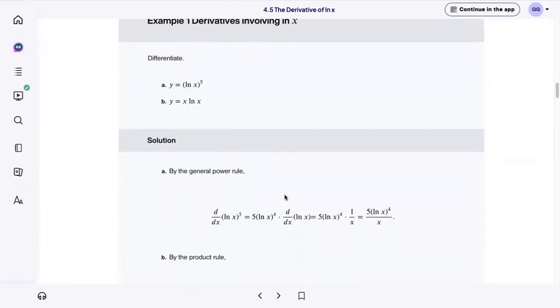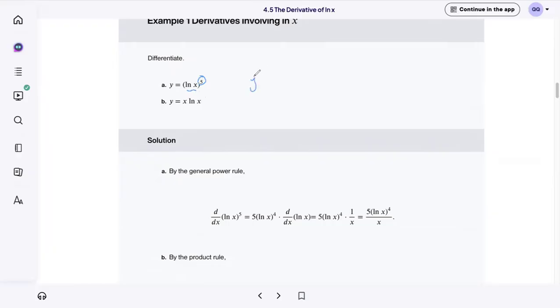Now let's differentiate those ones. We have 2 layers, right? The first layer is something with the input raised by 5. The inside layer is taking the ln of x.